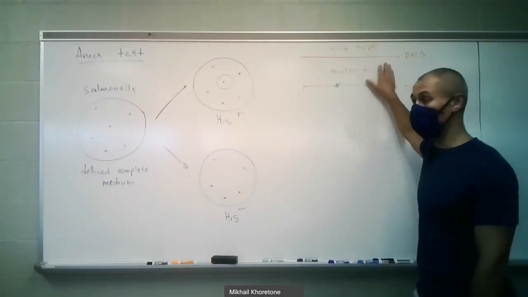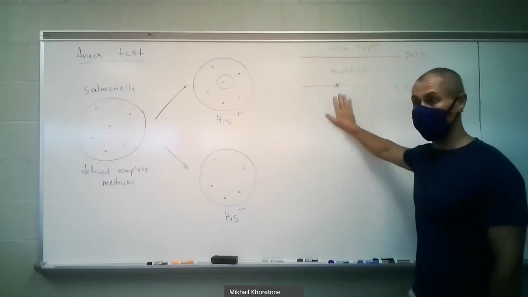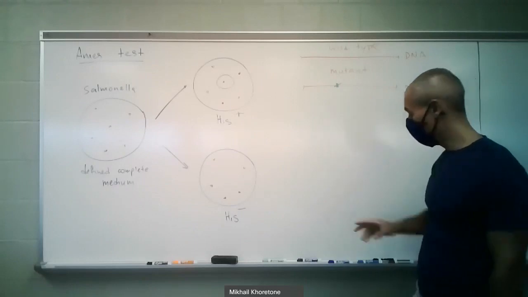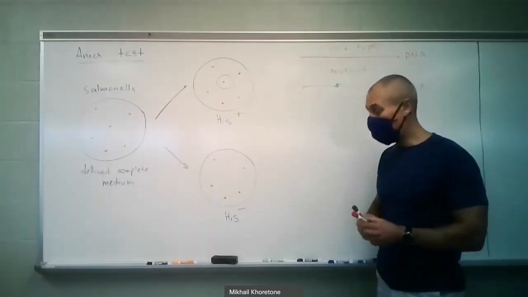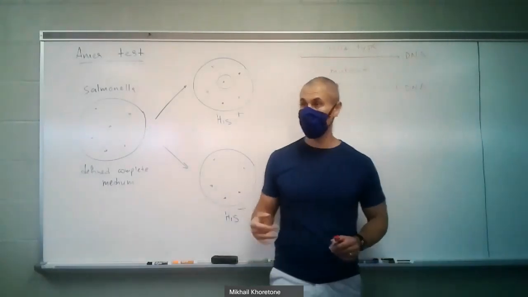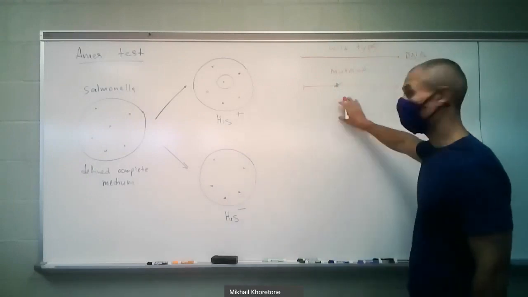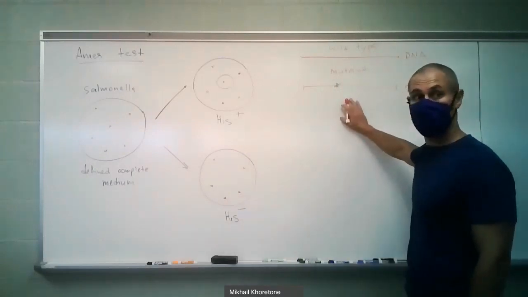Do you follow the wild type and mutant with the mutation in the histidine locus? Now, it's not a leap of logic. You just have to understand. So what we do, we take this mutant, and I'm going to represent it as a DNA.